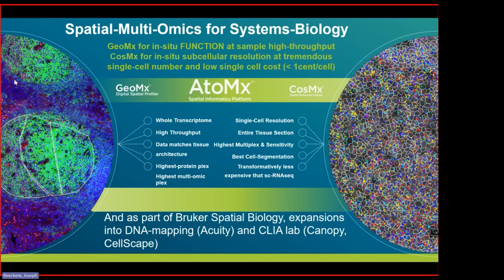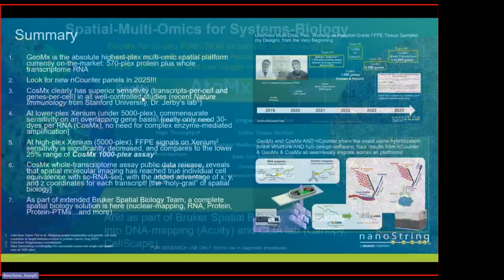And then you can see we're incorporating Bruker spatial biology, the Acuity DNA mapping technology, the Canopy CellScape, and the CellScapes running in CLIA labs, to add to the nuclear information and also to the clinical side of what we can do as part of Bruker spatial biology.